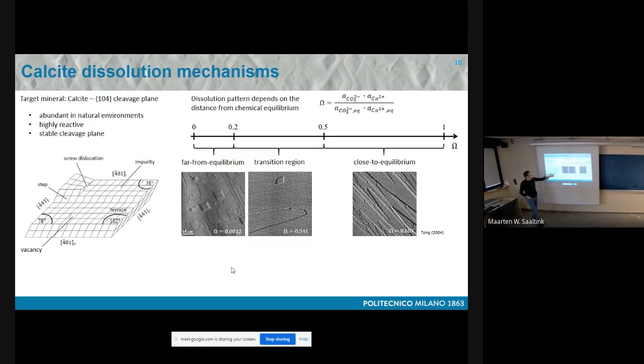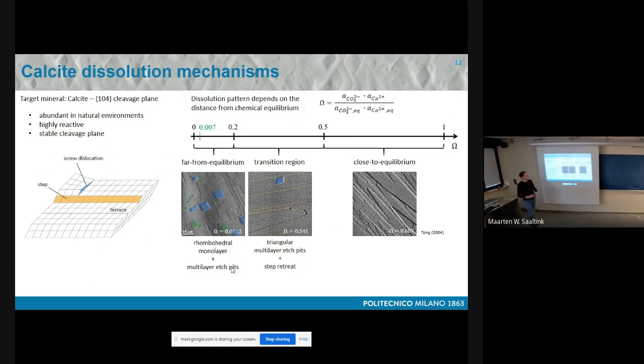Far from equilibrium, you can observe several mono or multi-layer etch pits. Typically, they have rhombohedral shapes. Then you increase the saturation, and you have a combination of multi-layer etch pits with a different shape, mostly triangular from what we have seen, and a phenomenon which is called step retreat.